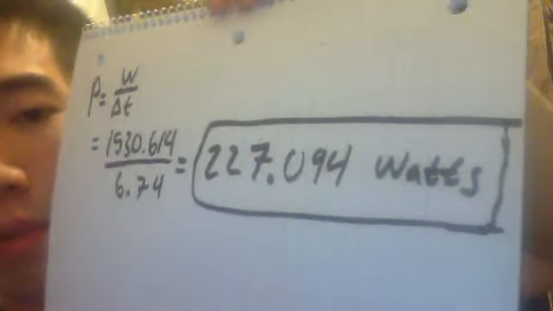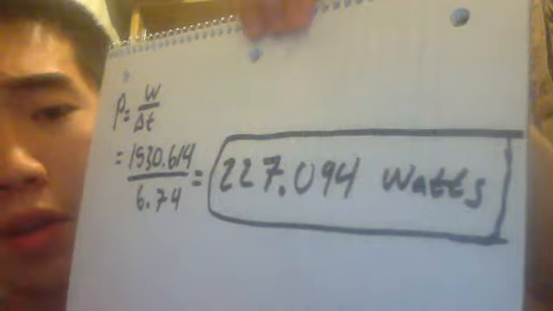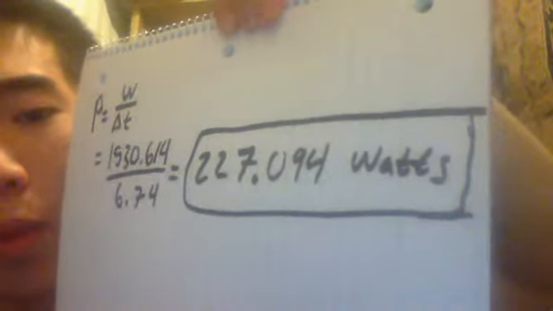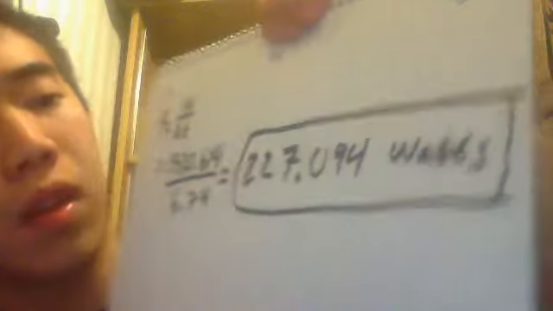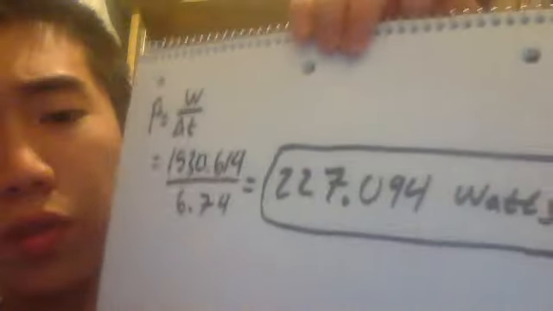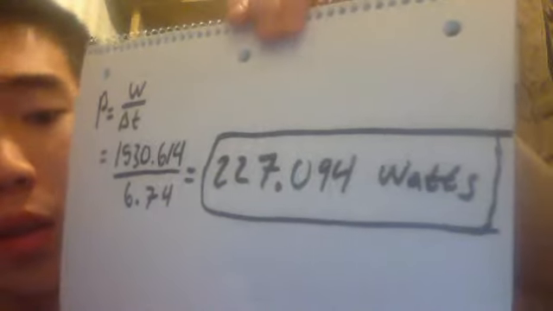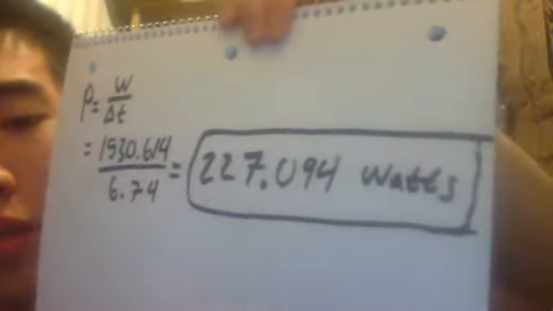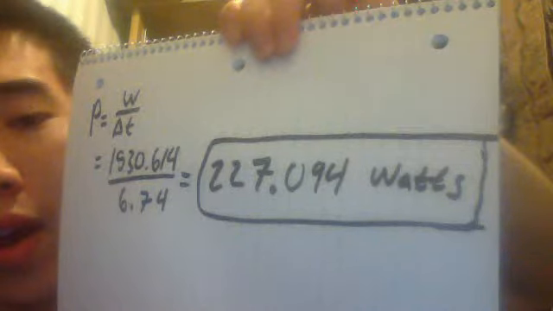Then finally, you take the number we got for work and plug that into our power equation, which is P equals W over delta T. So our work again was 1,530.614 joules, and that's divided by our time, which was 6.74 seconds, and that turned out to be 227.094 watts.